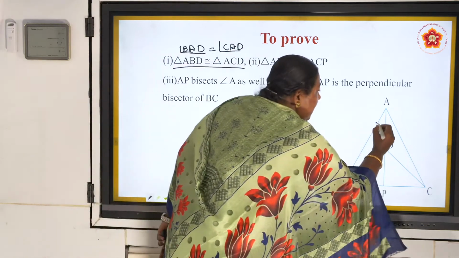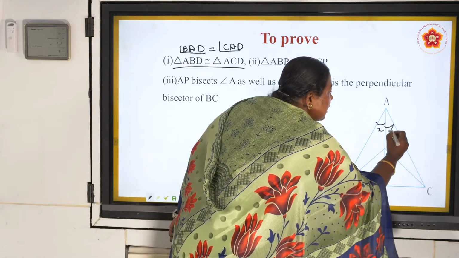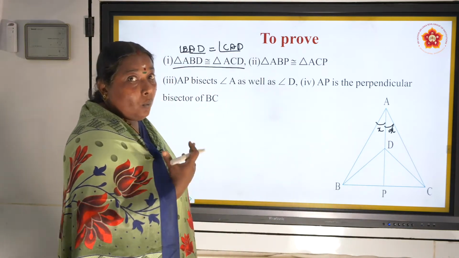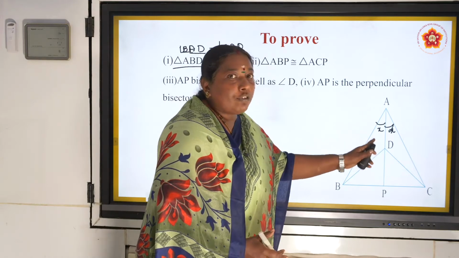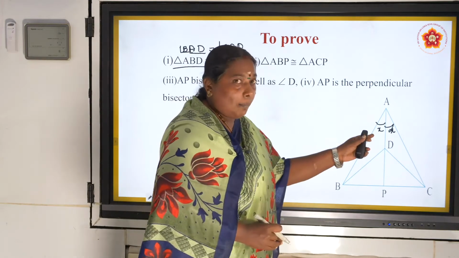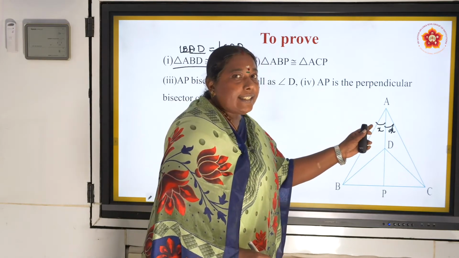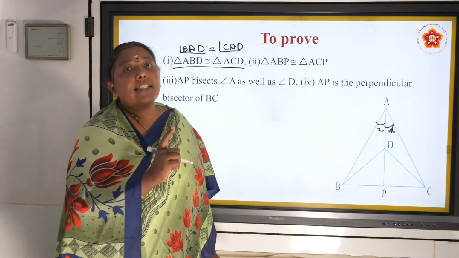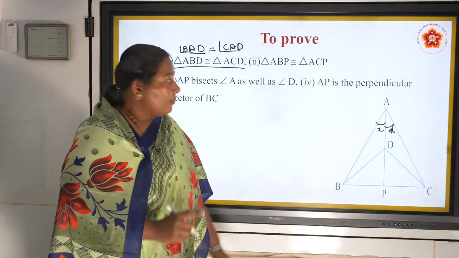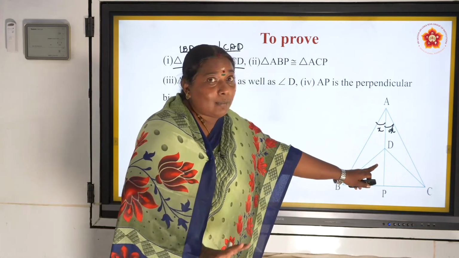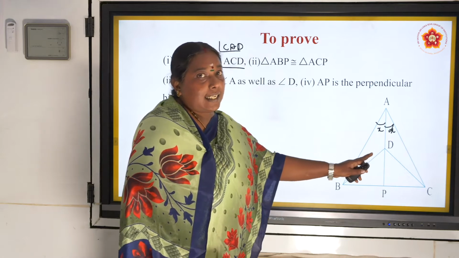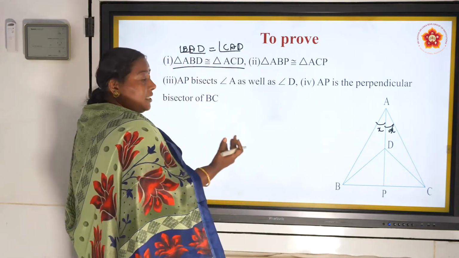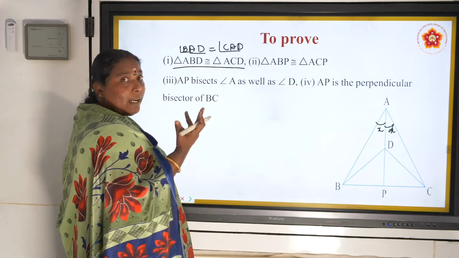That means if this is X, this is also X. We have seen this somewhere, when a line is dropped from an angle and it divides it equally, then that line is called a bisector line. Correct? So AD is not a normal line, it is a bisector line. From this we came to know that AD is a bisector line.